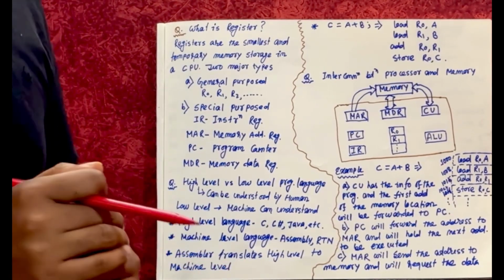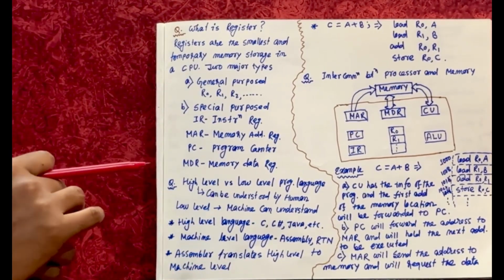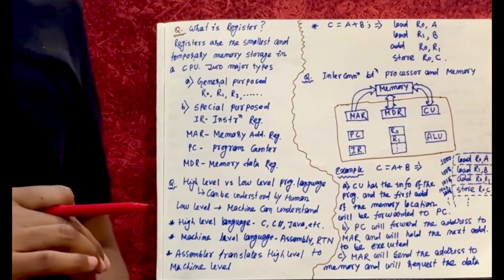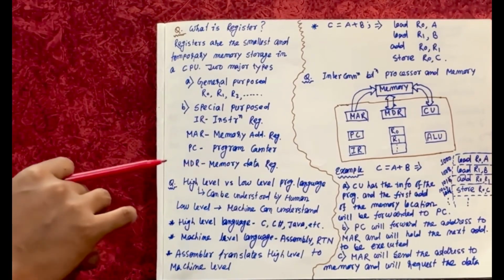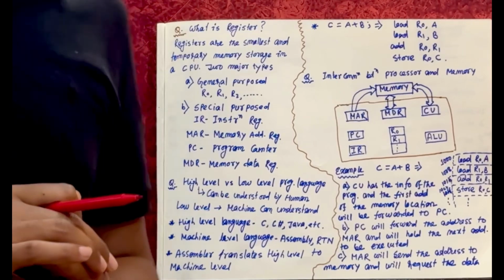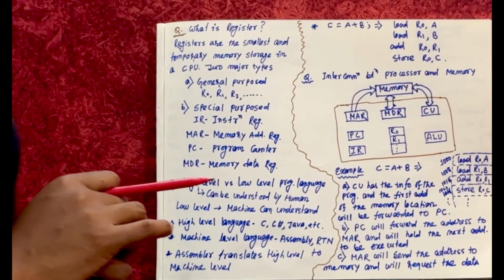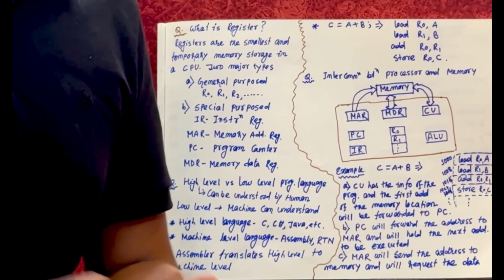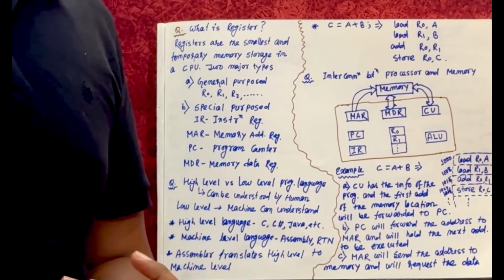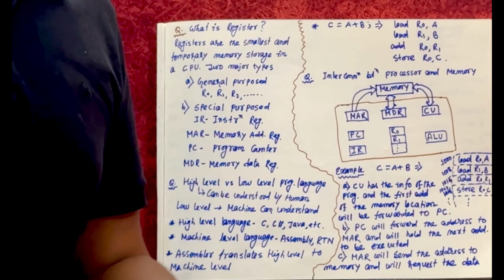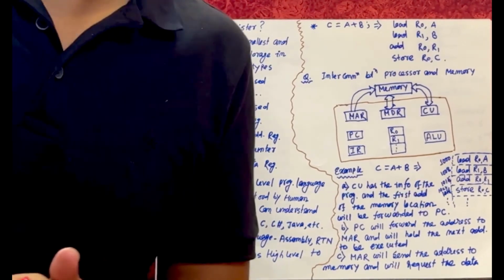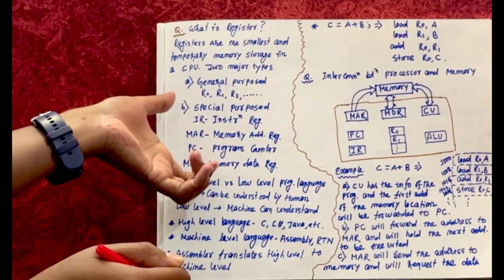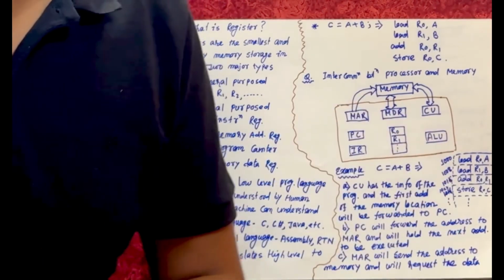IR is the instruction resistor. Next is MAR, memory address register. Next one is PC, program counter. Next is MDR, memory data register. We have some others also, like MBR, memory buffer register, and some other special purpose registers as well. But these four special purpose registers are very important to know.